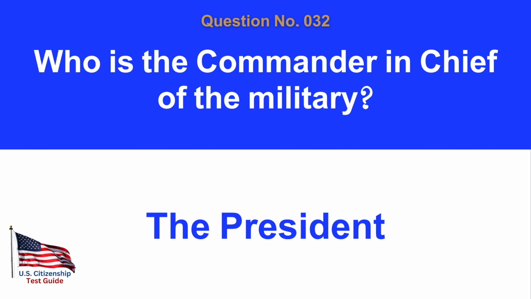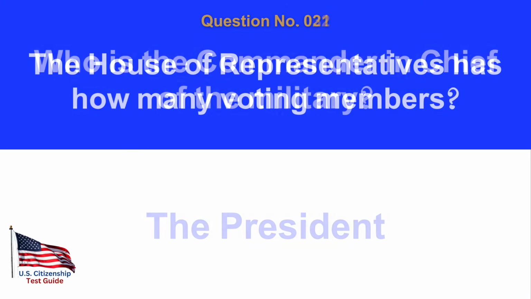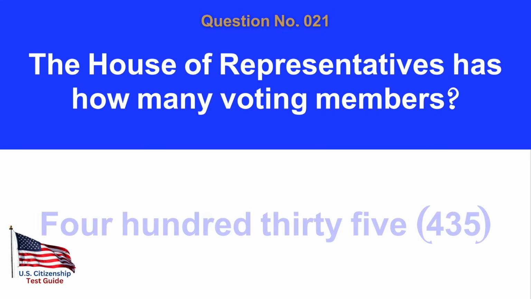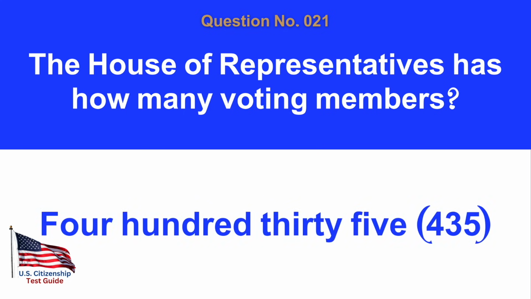The president. The House of Representatives has how many voting members? (435).